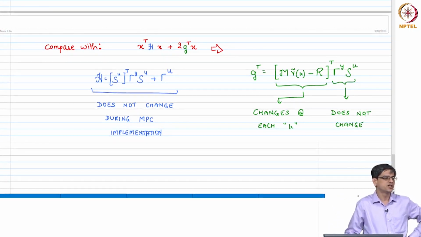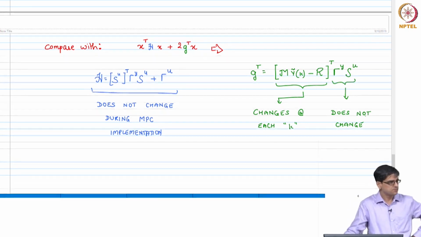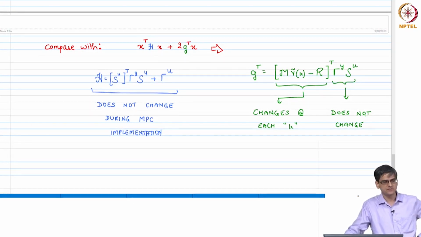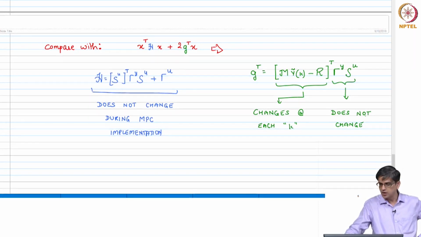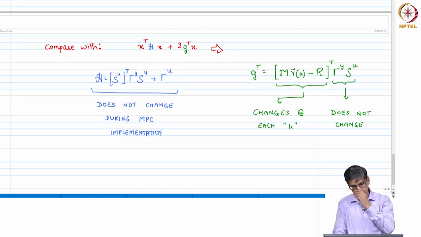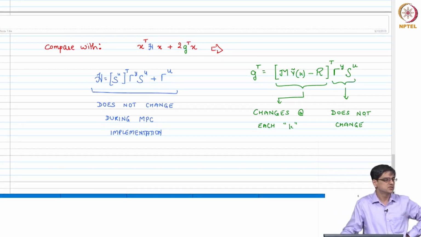So, in most practical applications of MPC, the Hessian is pre-computed, and the gamma y SU part of the gradient also is pre-computed, and only the my minus r part is computed and then that multiplication is done. This is done in order to improve the speed of MPC.